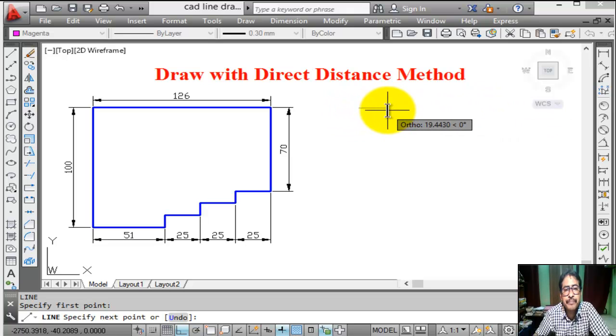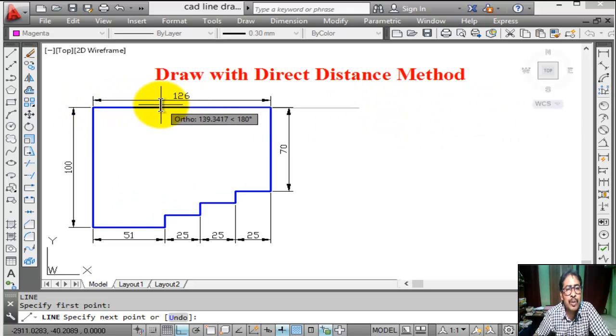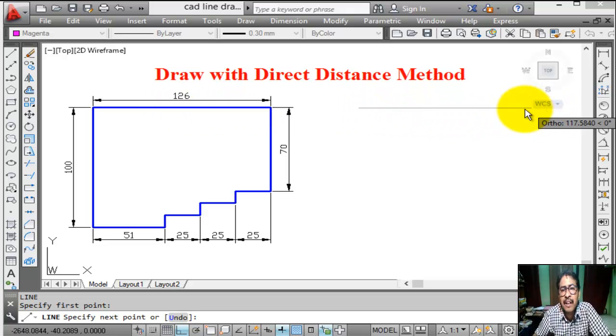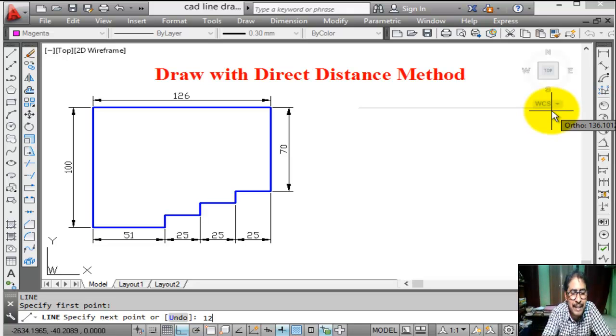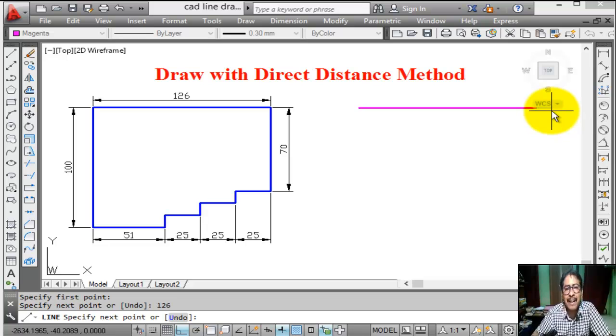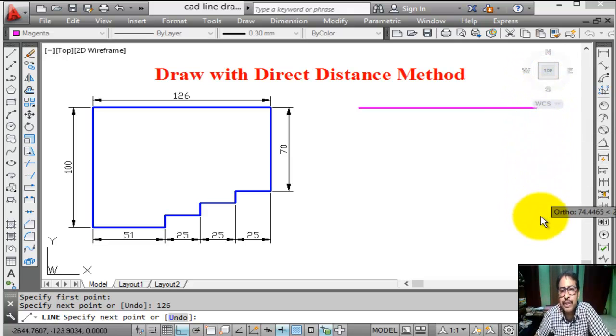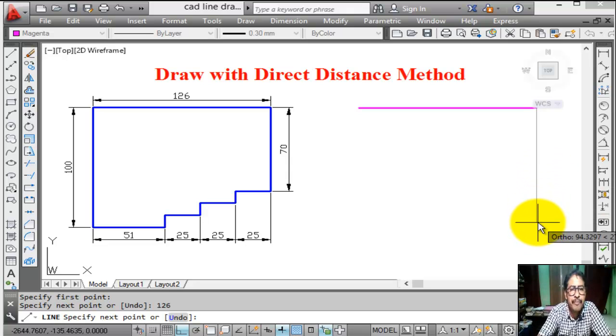This is 126, just move the mouse to the right side and we type 126, enter. Okay, now this is 70, we just move the mouse in the bottom direction, we type 70 and enter.